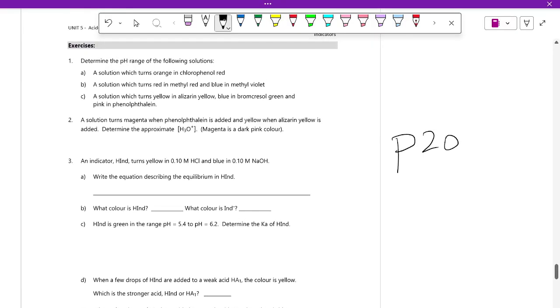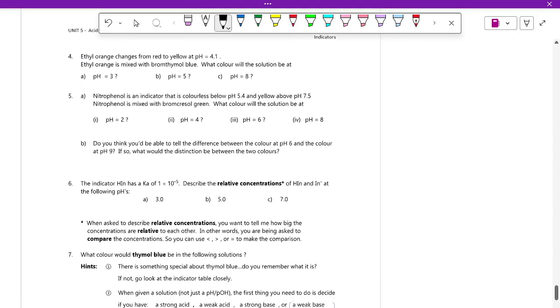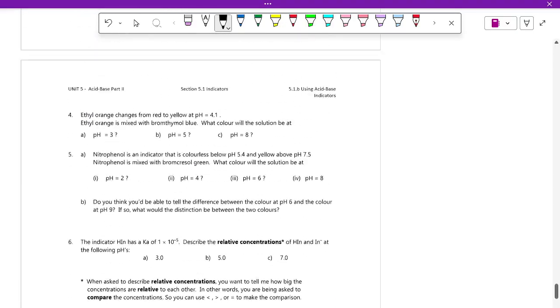It'll be on Teams. And page 21, all of page 21.